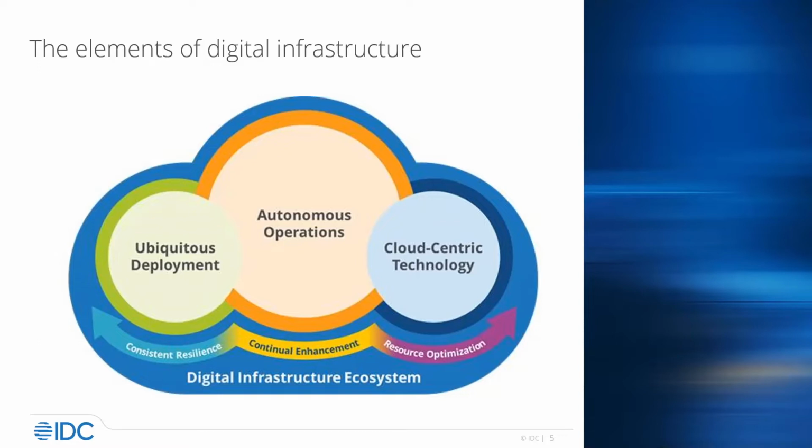And it's not really about where you develop it, but really that you develop applications that can use infrastructure as code. And that will give you consistent resilience, but also the opportunity to continuously enhance your IT infrastructure and then to optimize your resources. And that is the vision for what a digital infrastructure in the future will look like.